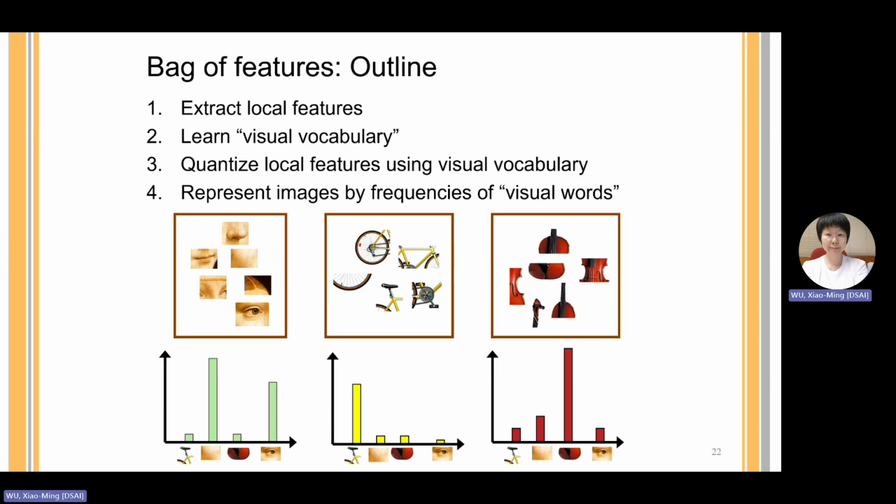In this example, the visual vocabulary involves four patches: some part of a bike, some part of the face, and some part of the violin. So there are four visual words in the vocabulary.